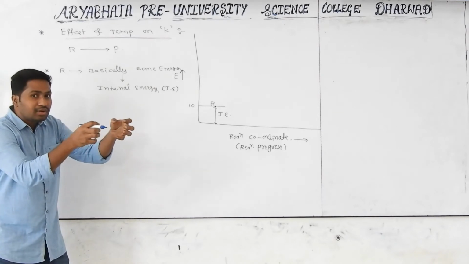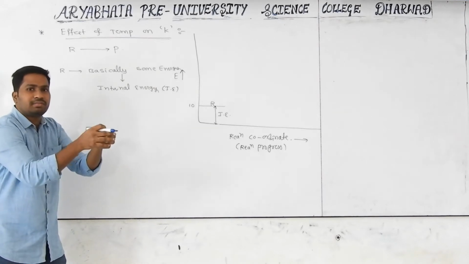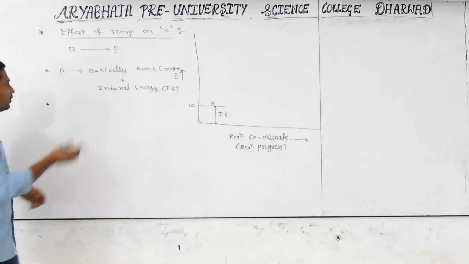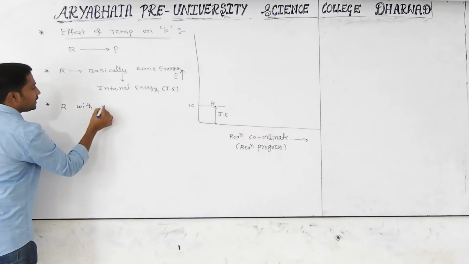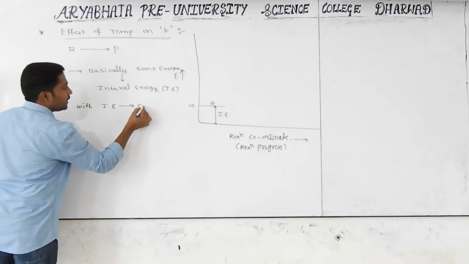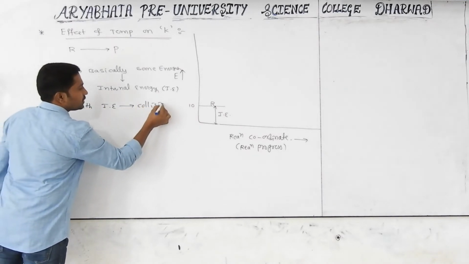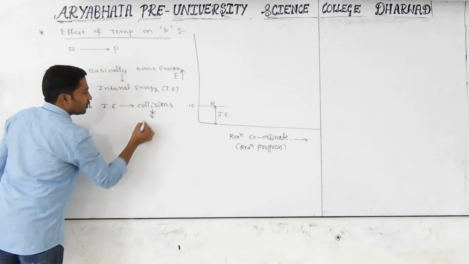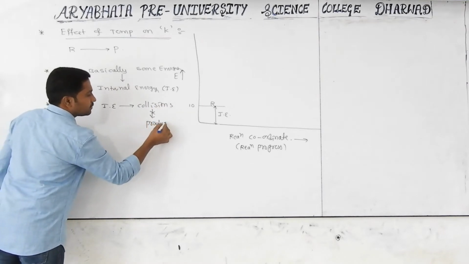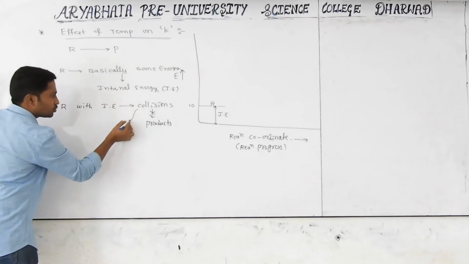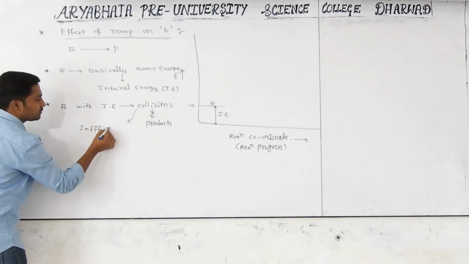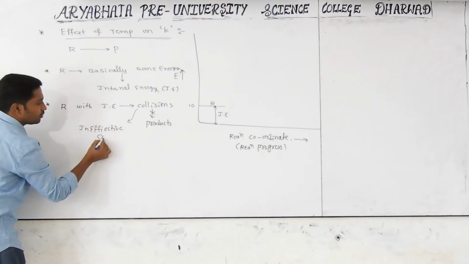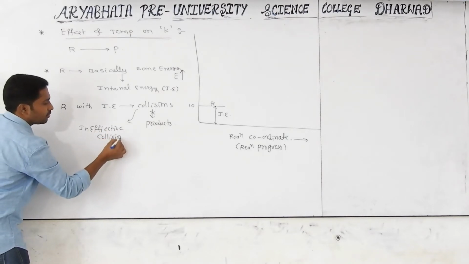That's why with that energy they simply collide, but no use. The reactants with the internal energy will make collisions but will not form the products. Yes or no? Those collisions we call ineffective collisions. Are you getting it or no?